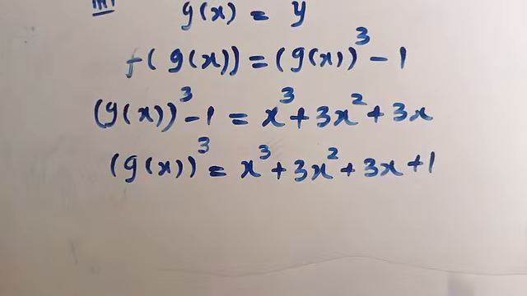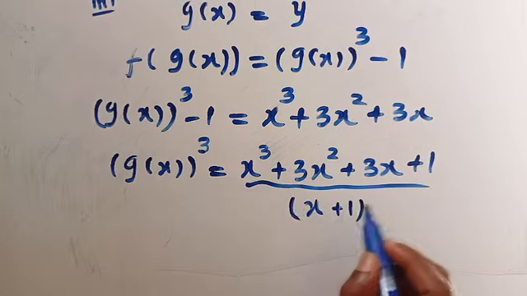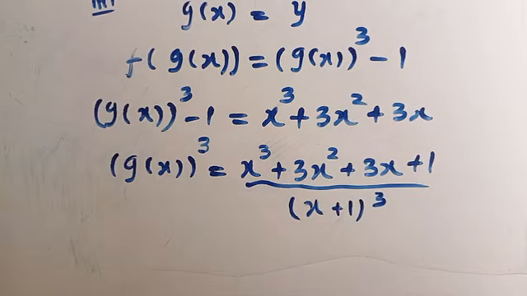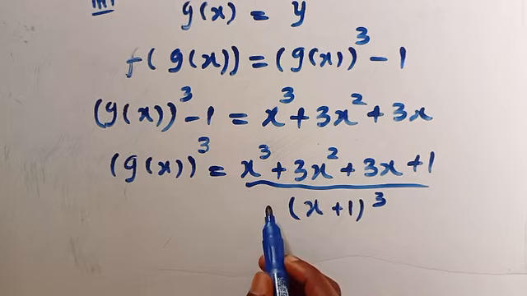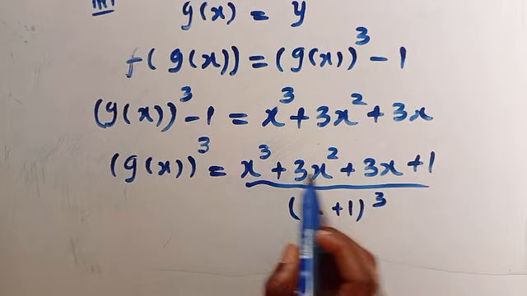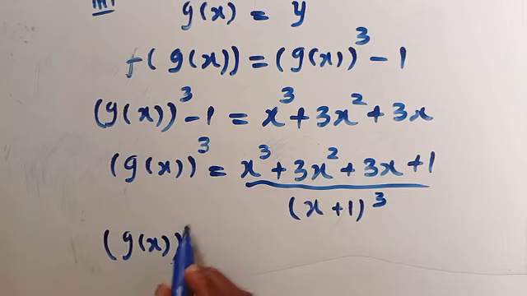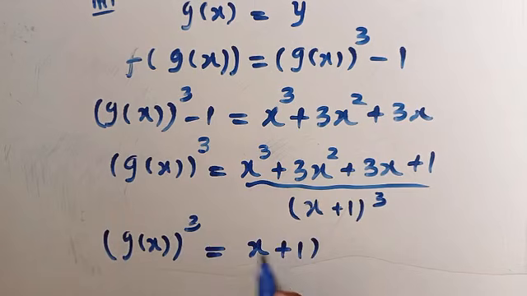And looking at this right hand side, this is more of where we have x plus 1 raised to power of 3. By applying the binomial expansion, expanding x plus 1 power 3, we are going to get all this. So therefore, g of x power of 3 equals x plus 1 power of 3.